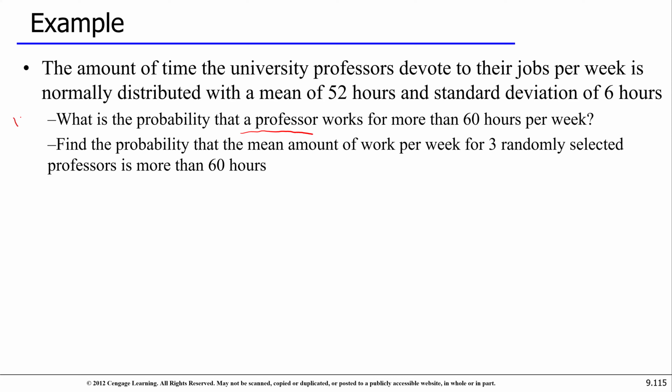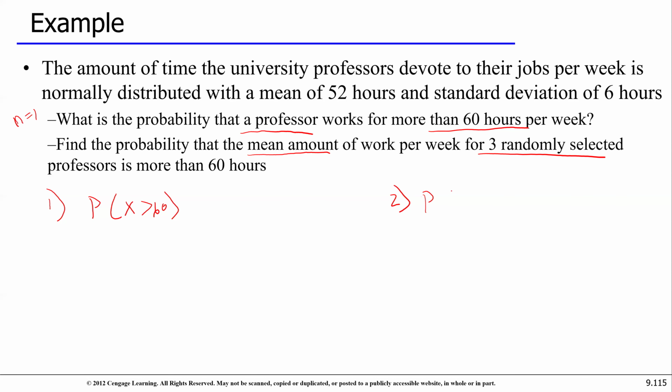So N equals 1. And it says more than 60 hours. So for question 1, the question's asking, what's the probability that X is greater than 60? And then for question 2, what gives it away is mean amount, and it says 3 randomly selected professors.